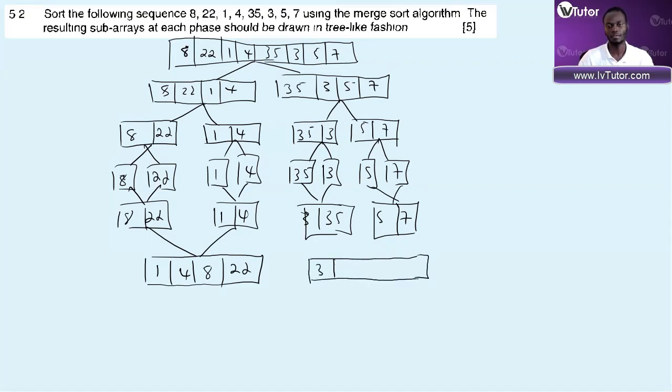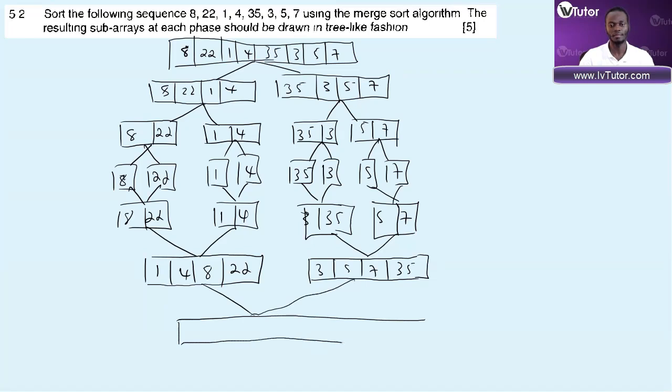So that's what I get here. Then eventually I merge everything. So it means I merge these two here, and I end up with 1, 3, 4, 5, 7, 8, 22, 35. And my list is sorted.